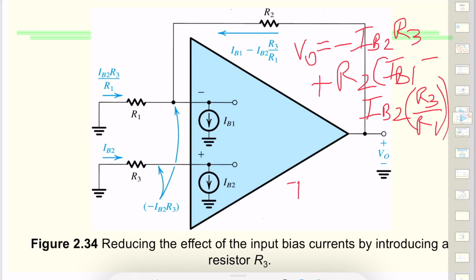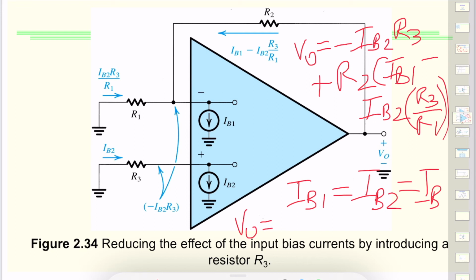So now IB1 is almost equal to IB2 because of virtual ground. So we can give it one name, IB, and that simplifies our relationship, where we can now say V naught is equal to IB times R2. So now all we have to do is deal with the network of resistances.